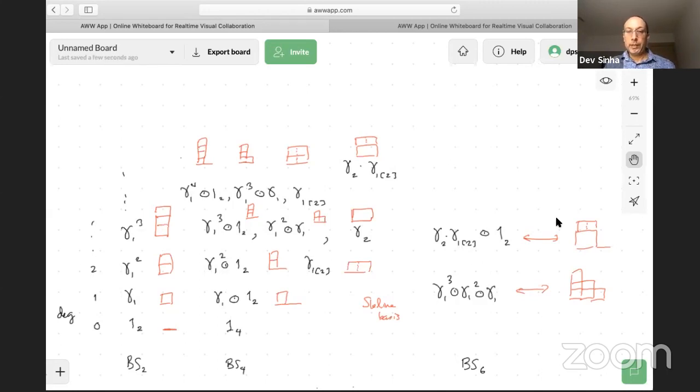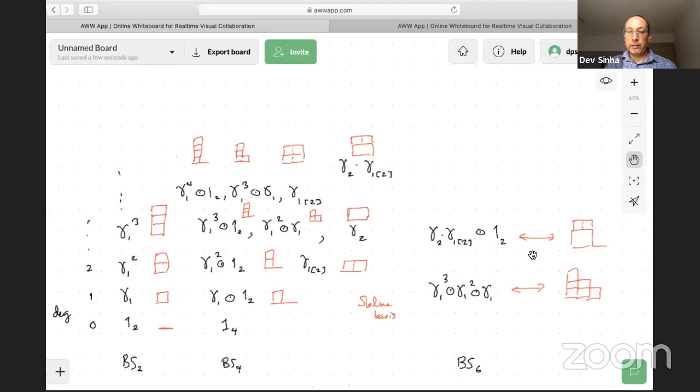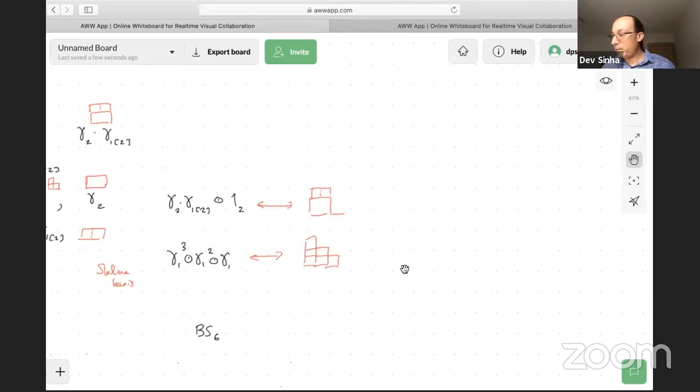So we can keep going. Let me just say that for BS8, let me call attention to the fact that you could have non-trivial transfer products of things that live on BS4. For example, that would be gamma 2 squared, transfer gamma 1 divided power 2.